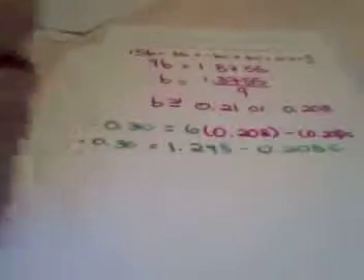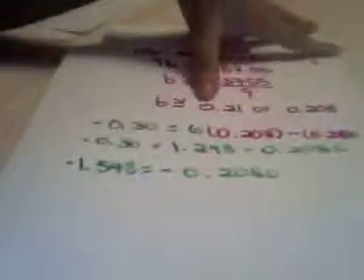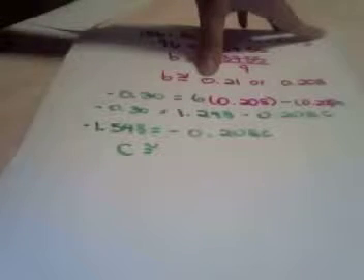We're going to bring the 1.248 to the other side, so it's going to end up being negative 1.548 is equal to negative 0.208 C. Divide both sides by negative 0.208, and you get C as having a value of approximately 7.44.